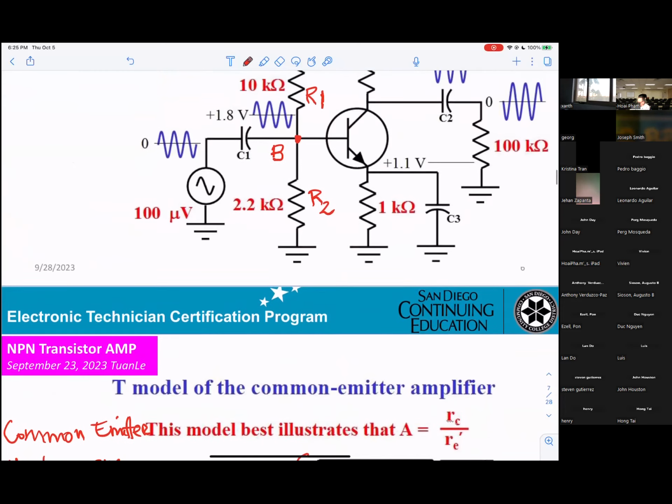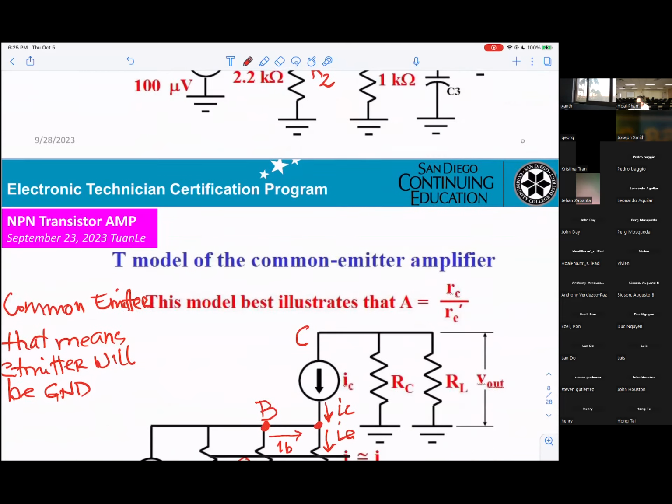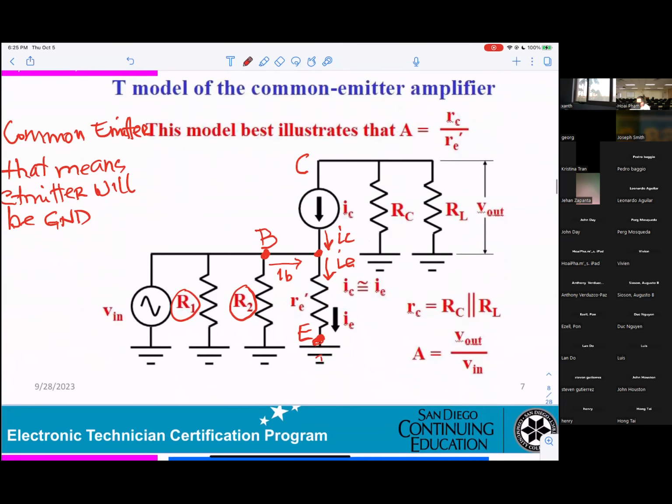Now we're talking about the emitter. Basically the emitter will be routed to the r'e inside the transistor, okay? So the emitter will be connected to ground.